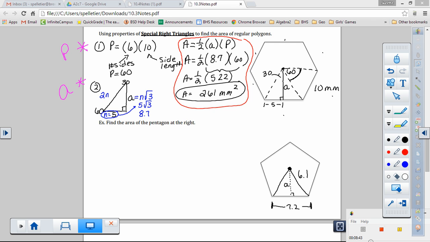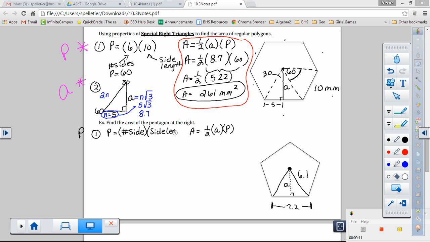All right, let's do the problem using those steps that we were talking about a few minutes ago. So write down your formula. Area equals 1/2 apothem times perimeter. And then let's go over here and start with finding my perimeter. So again, perimeter is the number of sides times the side length. Okay?